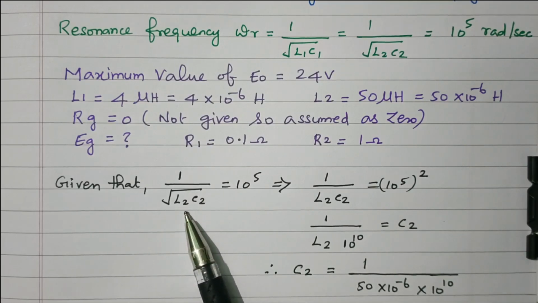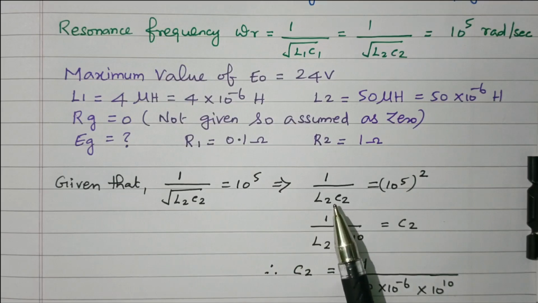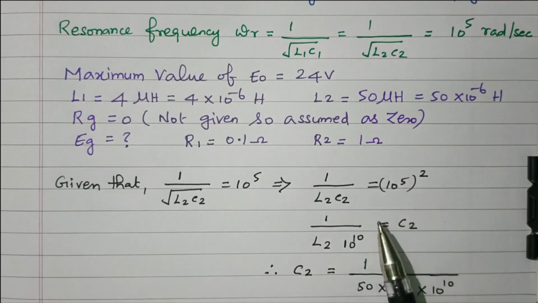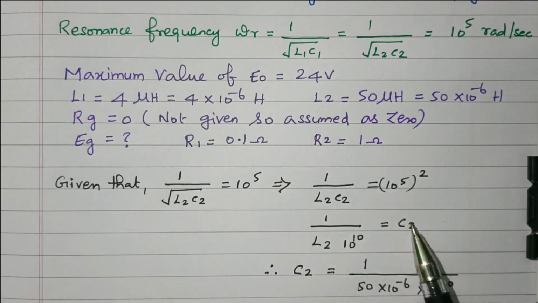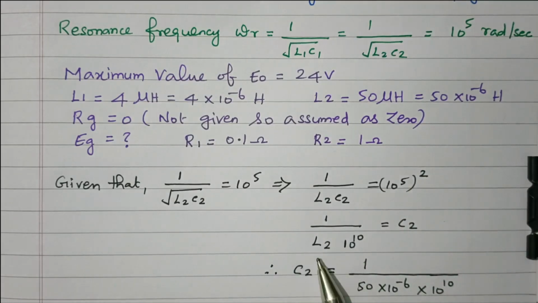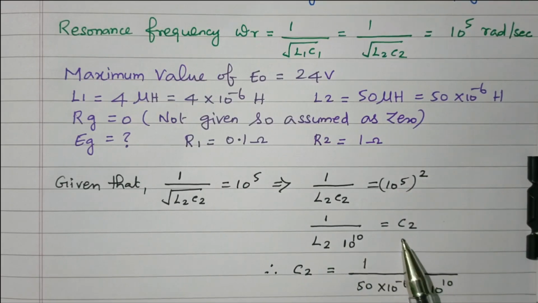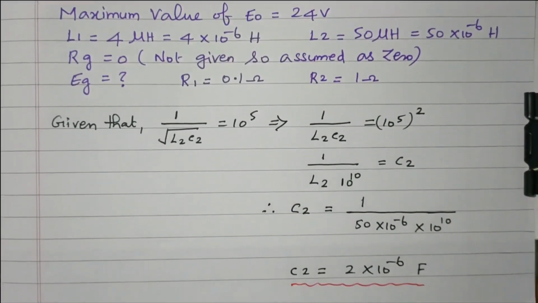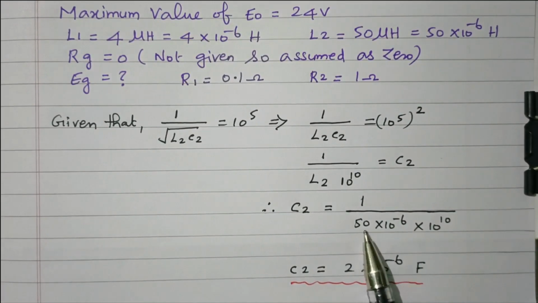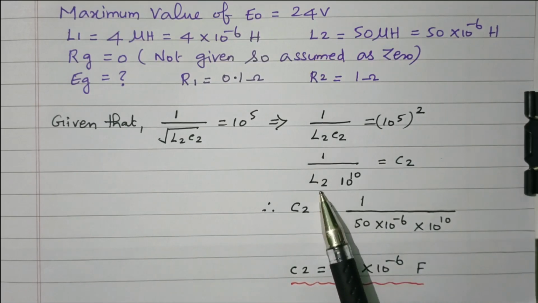First, from the given data, the resonant frequency is given, so I will use this formula: 1 divided by square root of L2 C2 equal to 10 to the power 5. Now square both sides, so that 1 divided by L2 C2 equal to 10 to the power 5 whole square. Bring C2 to the numerator on this side, and 10 to the power 5 squared, which is 10 to the power 10, to the denominator on that side. So C2 equal to 1 divided by L2 into 10 to the power 10. L2 is given as 50 microhenry, that is 50 into 10 to the power minus 6, into 10 to the power 10.